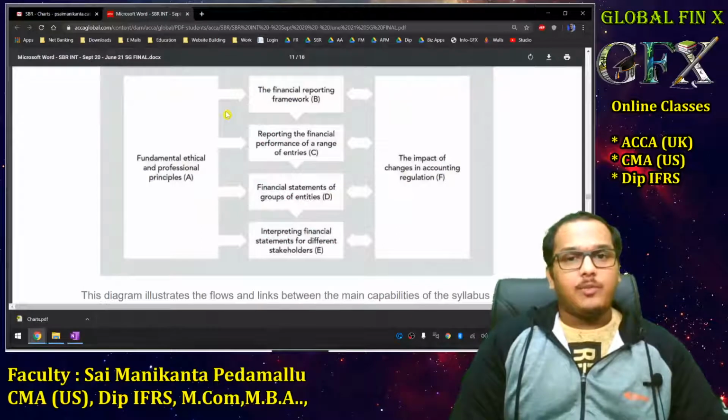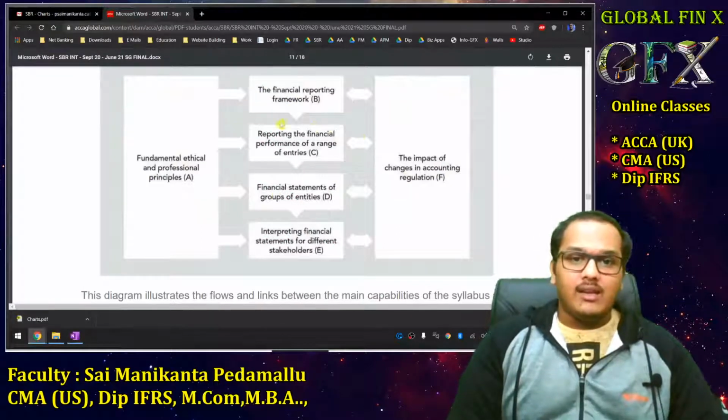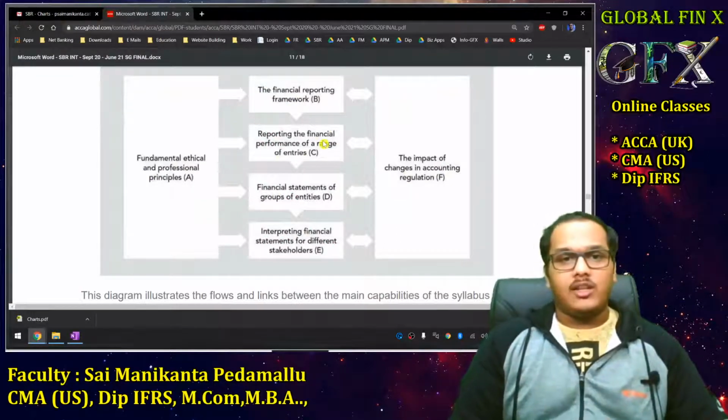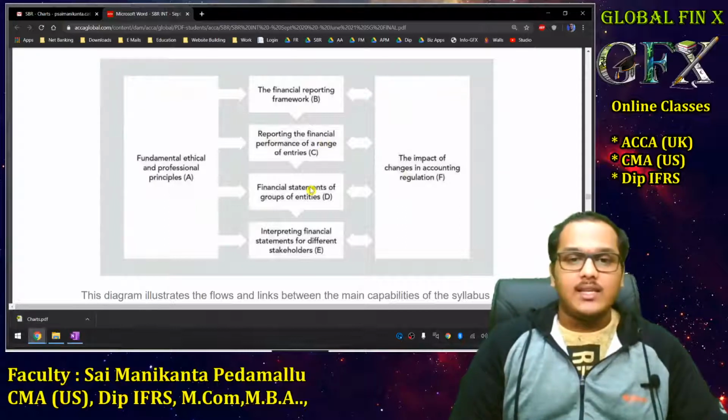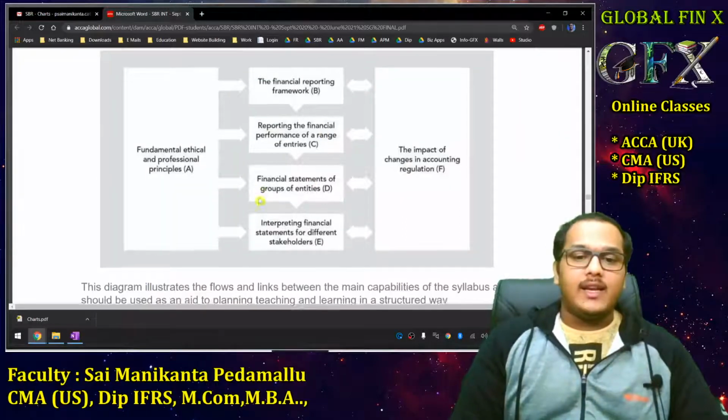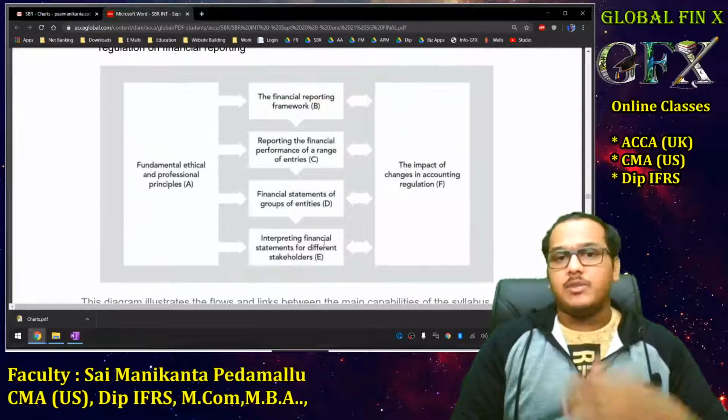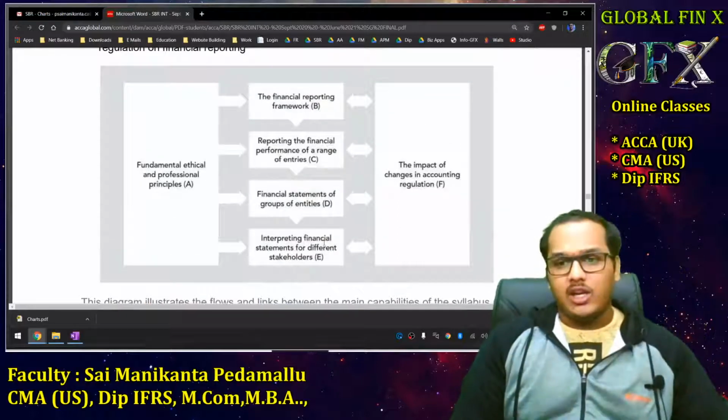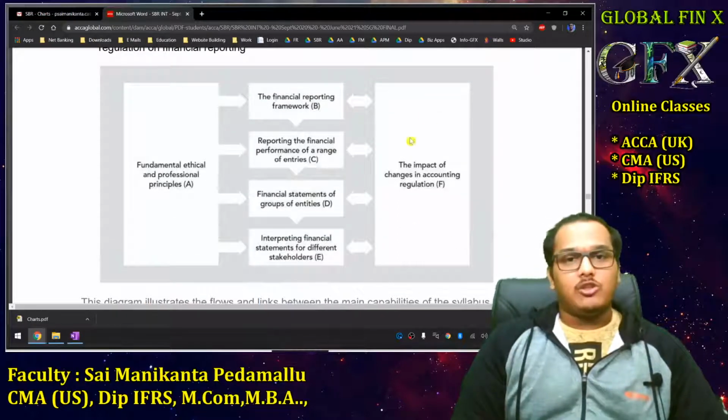And then the financial reporting framework, the conceptual framework, then the range of standards, basically your financial reporting standards, IFRS and IAS, then group entities, consolidated financial statements, and interpretation of financial statements, which you have already completed in financial reporting. Then this is the current issues aspect of your syllabus.